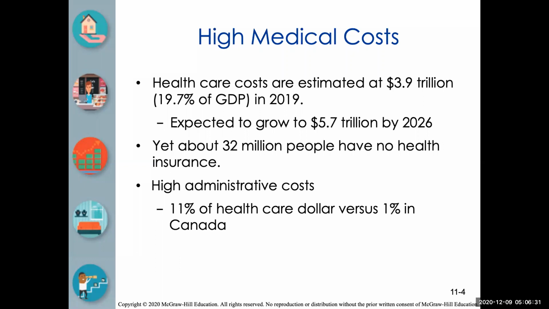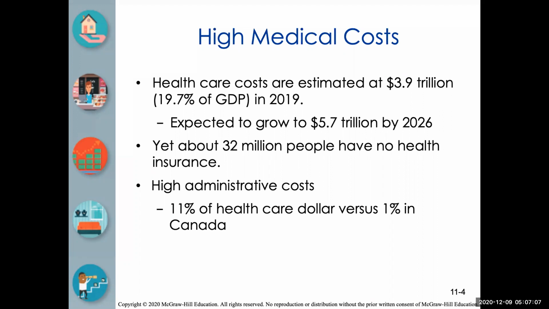So when we think about some of the costs associated with sponsoring and administering a health insurance program, it's fairly expensive in the United States. About 11% of each healthcare dollar goes into simply taking care of the administrative costs surrounding the implementation and ongoing administration of the healthcare program that exists.